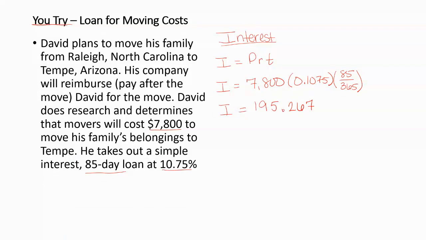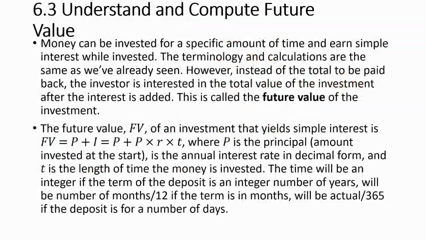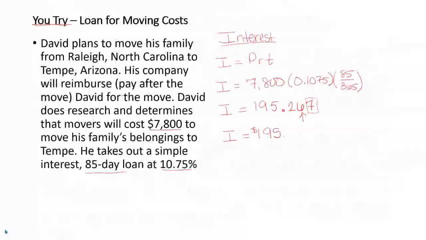So we need to focus our attention right here. So proper rounding would be to 2 decimal places. So we're going to look at the 7. 7 is larger than 4. Okay. So that's going to round up.